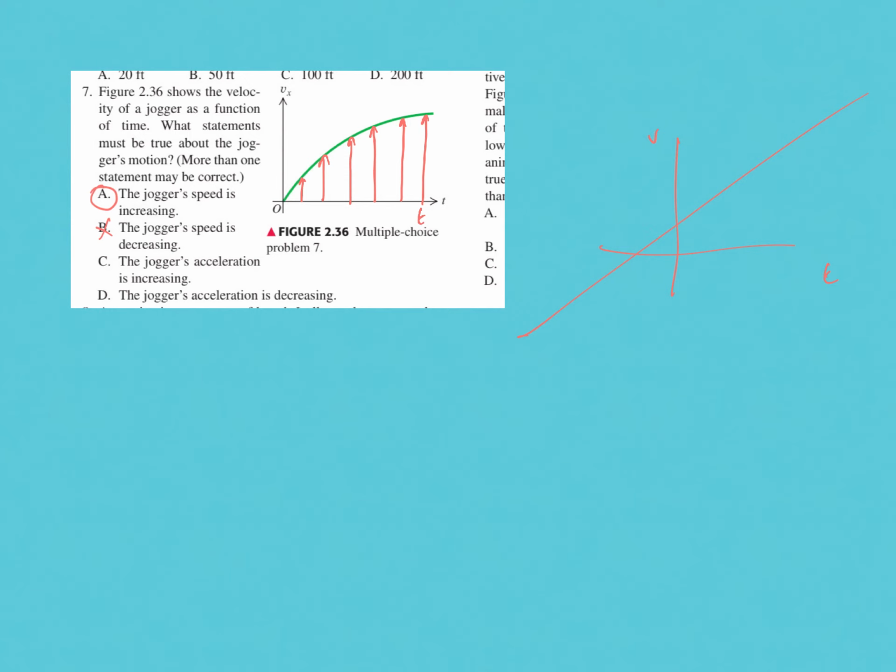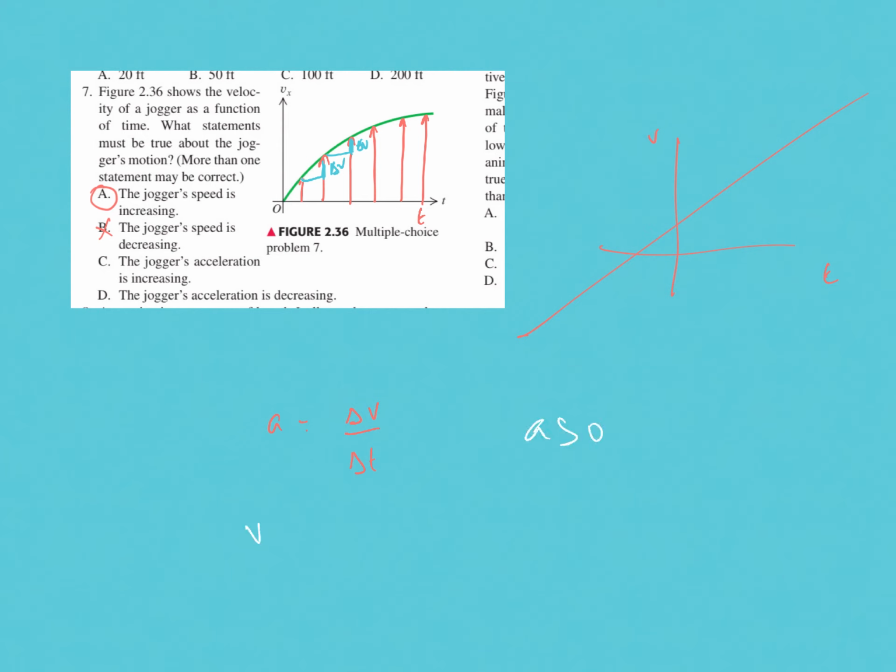But now we have to see if it's changing in a positive way or in a negative way. Well, the acceleration is the change in the velocity per unit of time. I see that the change in velocity, change in v, is this thing. So the change in the velocity is positive. So the acceleration is positive.